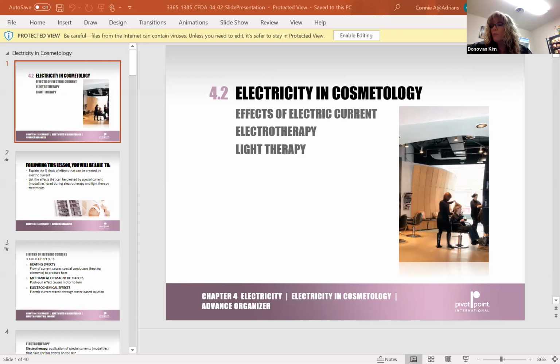But something that you should probably know is anyone that's getting any type of electrotherapy done, there are potential hazards that could happen. You never want to use it over someone who has broken skin, like a scratch or a scrape. Anyone that has a sunburn, we never want to use any of this on someone with a sunburn.